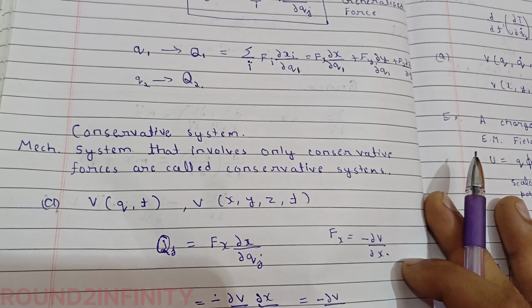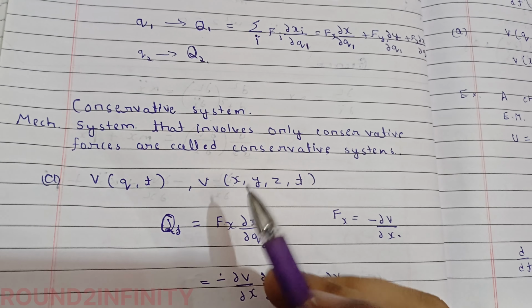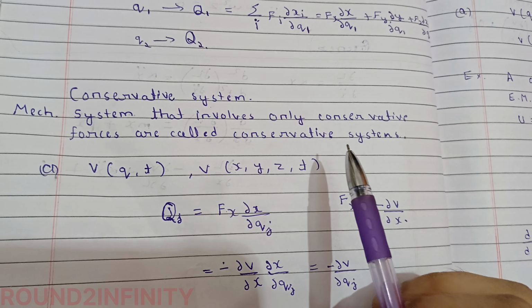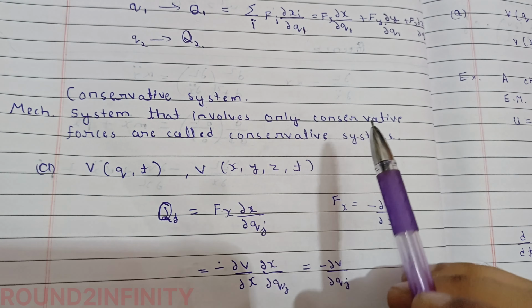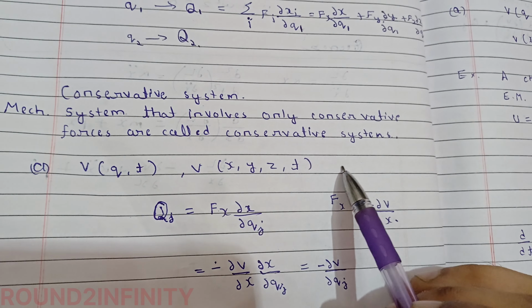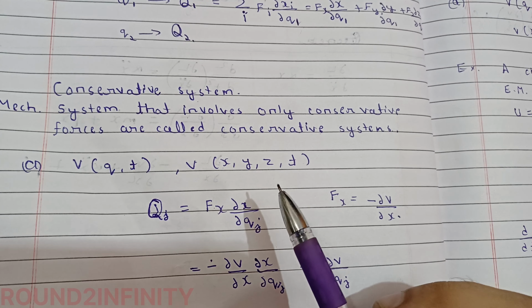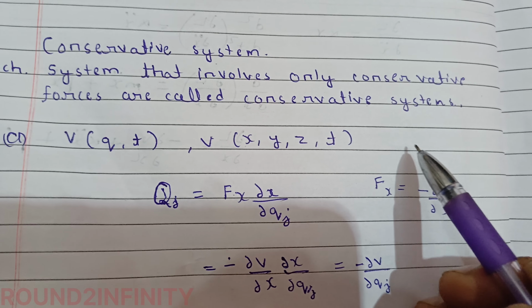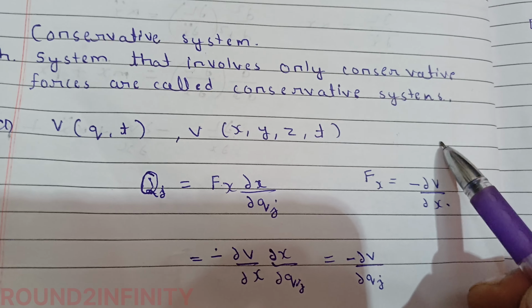Now we will understand conservative and non-conservative systems in Lagrangian mechanics. What is a conservative system? You all know that it involves conservative forces, meaning the mechanical energy should remain constant, and only conservative systems involve the potential energy, because here we can write force equal to minus del V. How do you know this expression? If the force is conservative, then del cross F gives you 0 definitely.